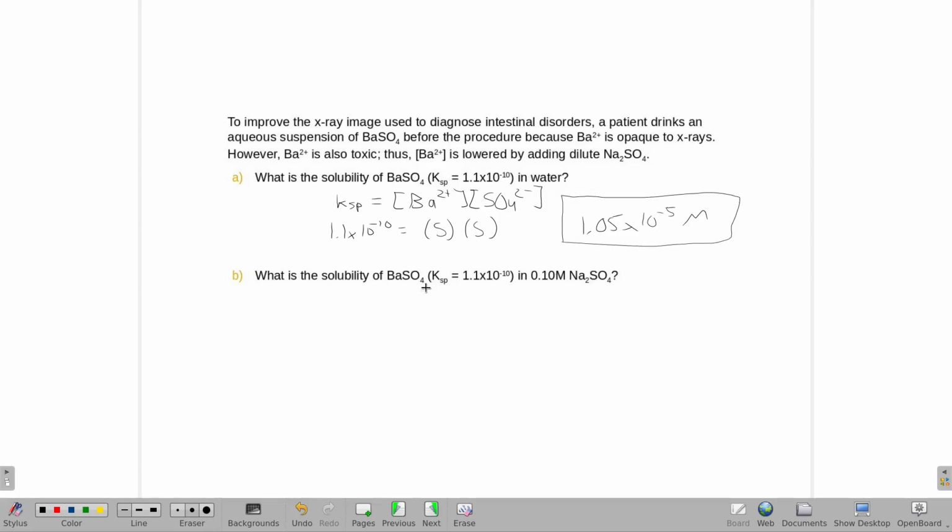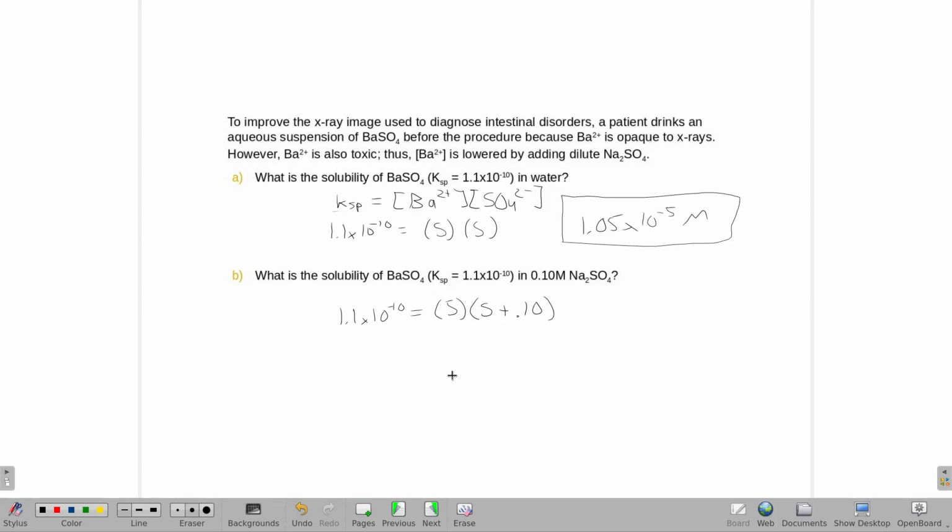So what they're going to do is add some sodium sulfate into it. What that's going to do is, since the solubility is based on the product of these two, we're going to make the product larger by adding some to this. So what we're going to do is take that same exact equation, where this is still S, but the sulfate is S plus 0.10 molar starting with. See how much larger that is?